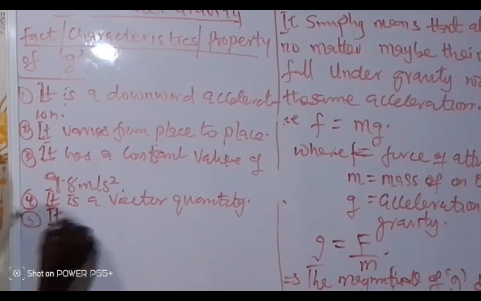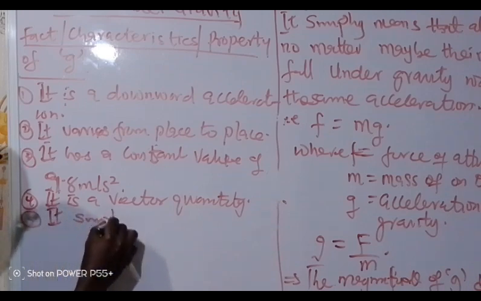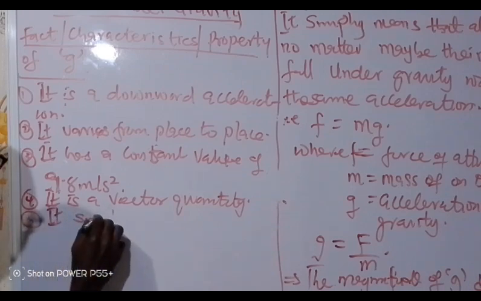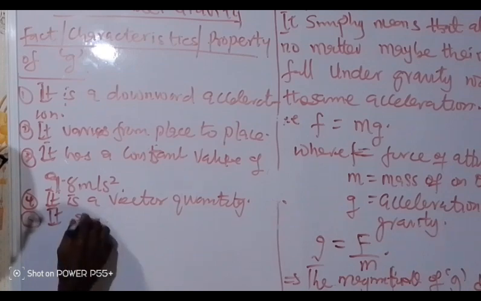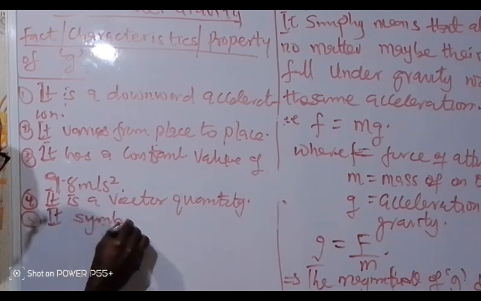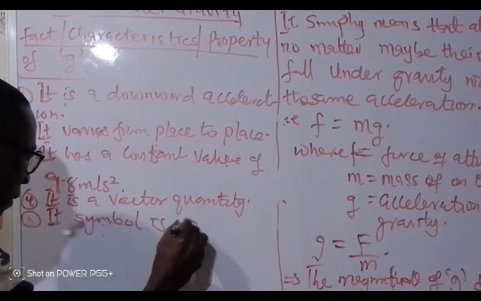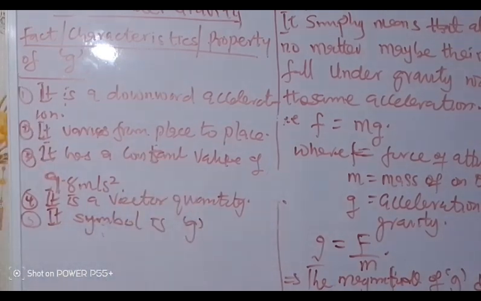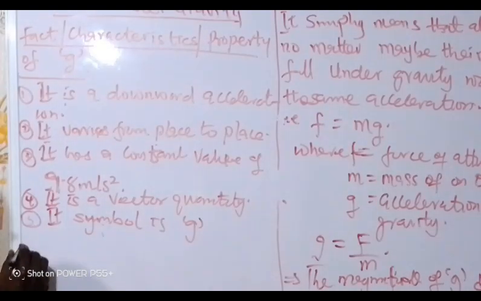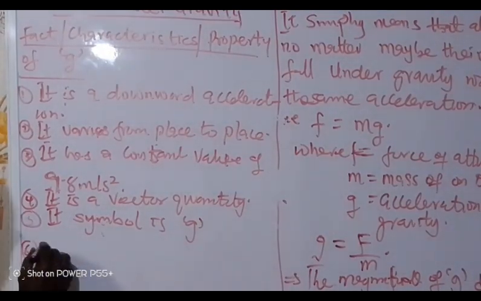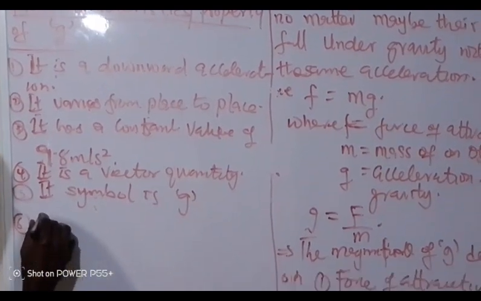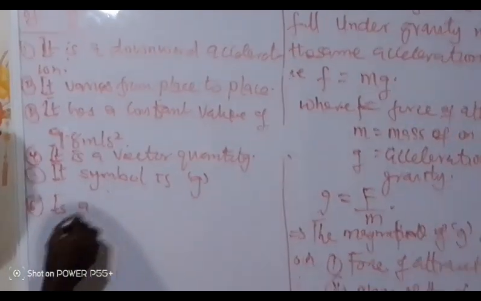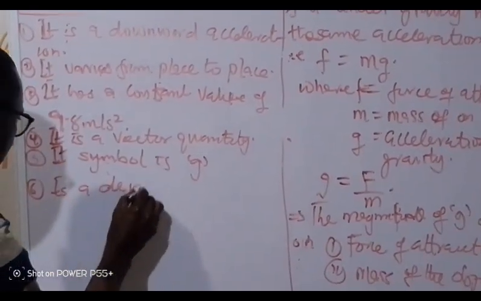its symbol is g. That is usually denoted by small g. Number 6 is a derived quantity.